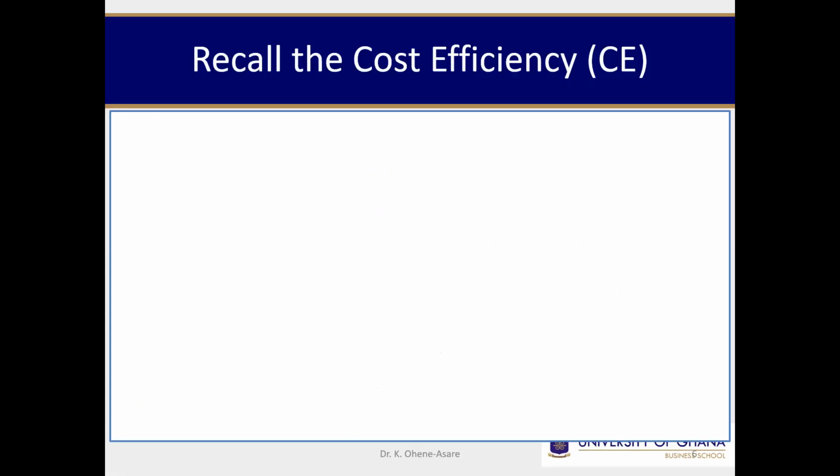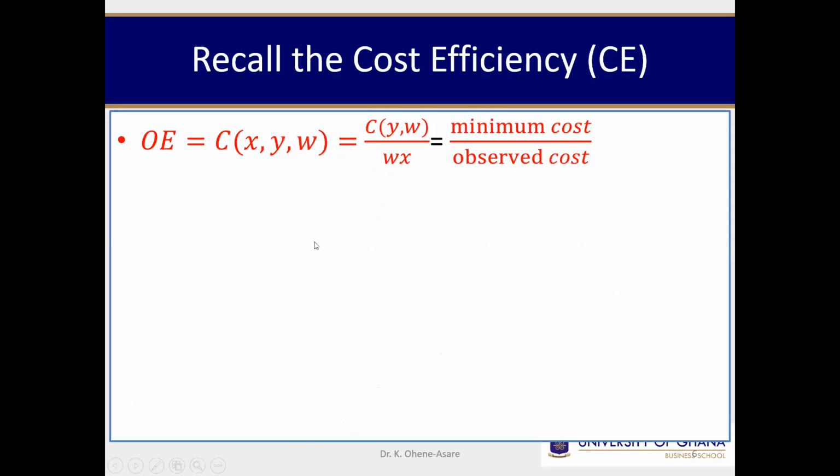Now let's try and understand this better. In the world of Tanasolis and Patella, which we'll learn later, this is how you define this overall efficiency, also called the cost efficiency. Watch the definition carefully. The OE means overall efficiency, and the C is cost efficiency. It is made up of a computation taking into consideration the input, the output, and the input prices.